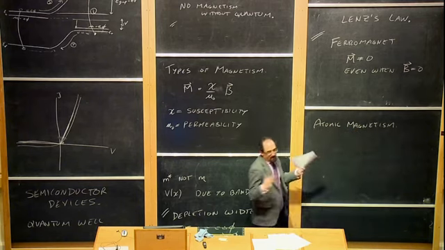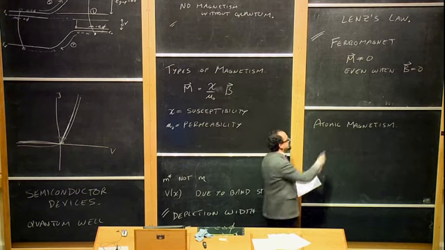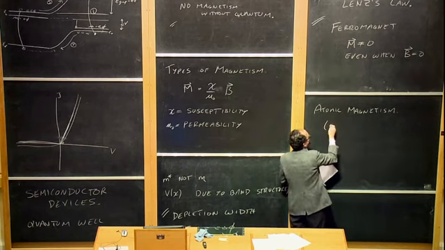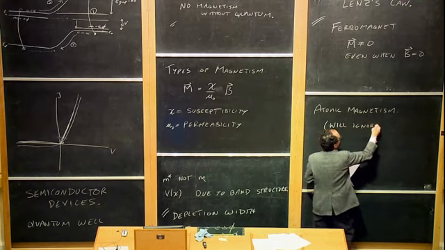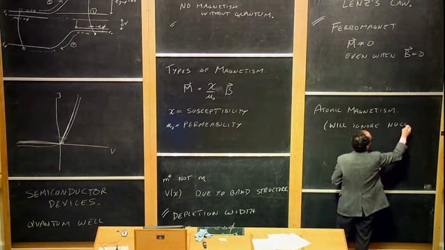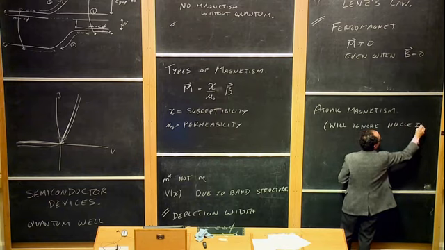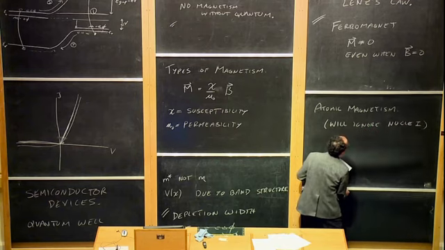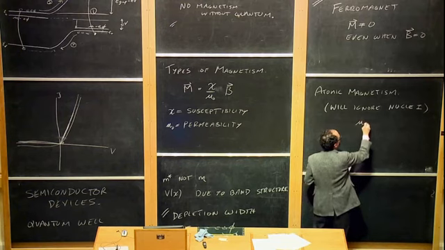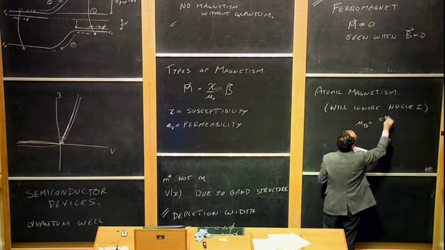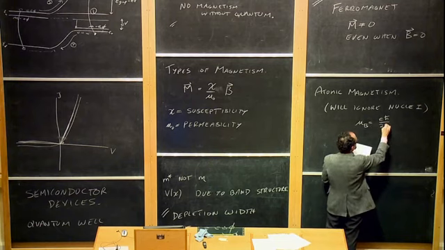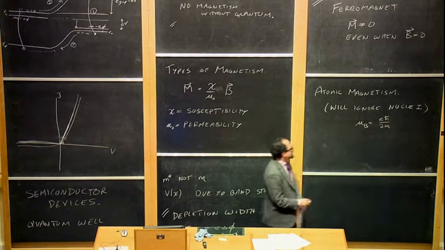And I should put in this caveat that we will ignore the magnetism of nuclei altogether. The reason we ignore the nuclei is that the magnetic moment of some object is given by the Bohr magneton, e times hbar over 2m of the object.